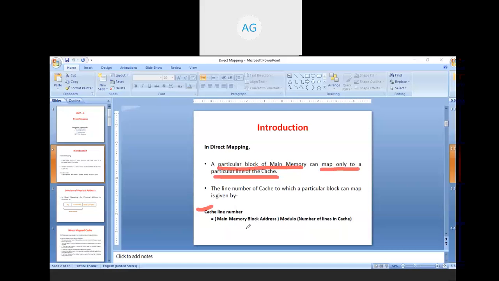This is very useful in order to solve the numerical. The cache line number is found by using this formula: main memory block address modulo number of lines in cache. You can write modulo using this symbol. This is the formula which we are going to use in solving the numericals.